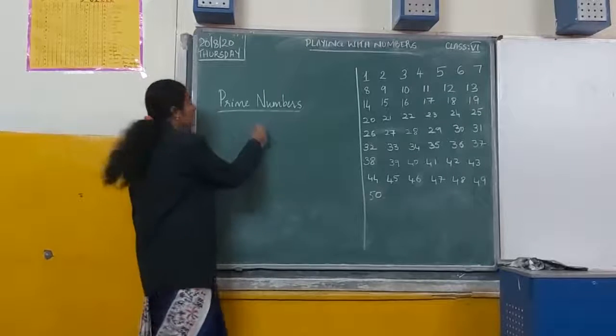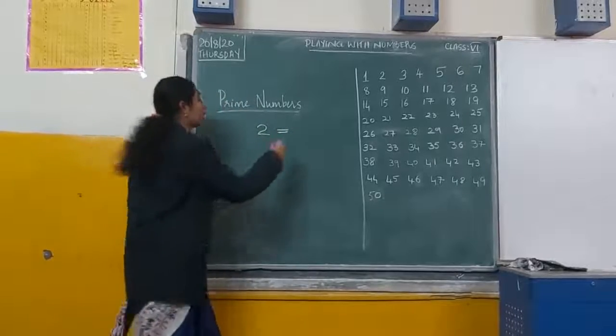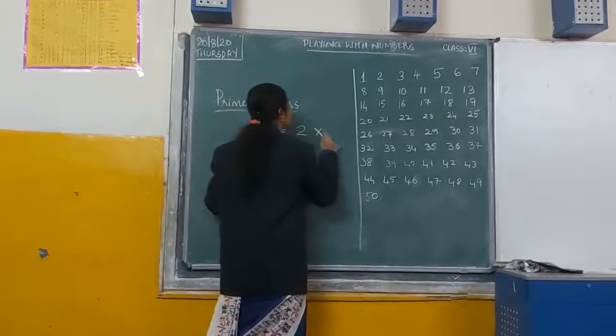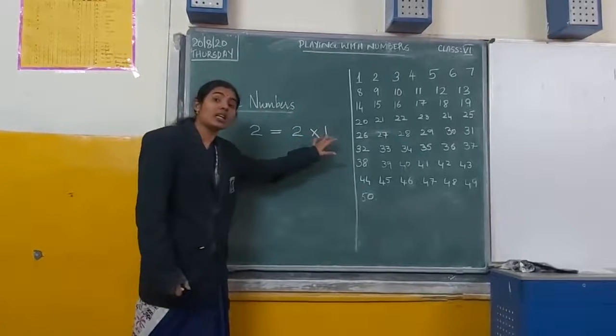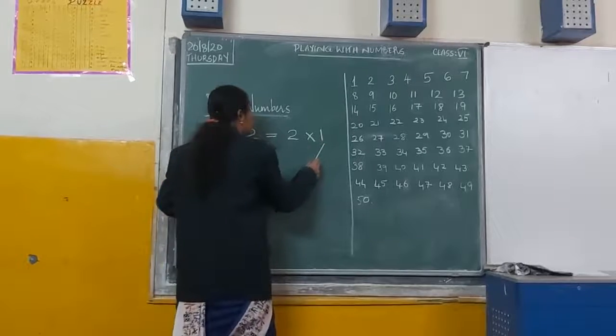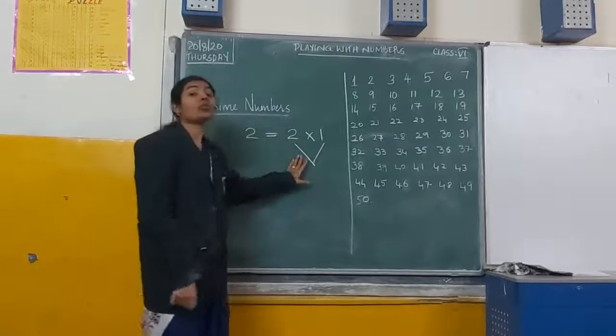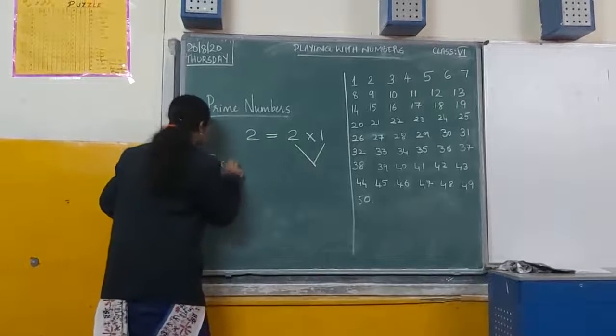So for example, 2. How can you write 2? 2 ones are 2. So which are the factors of 2? 1 and 2 are the factors of 2.